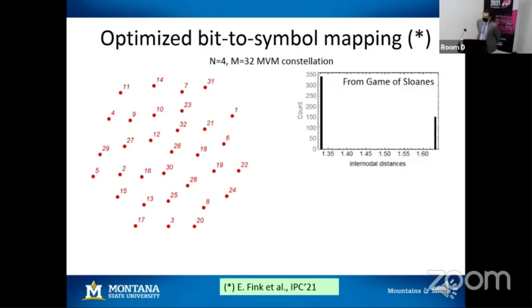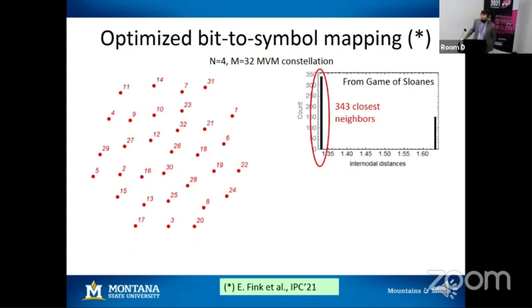Now, if you do optimization, as I explained before, you find a lattice that seems to have 2 groups of internodal distances. So there are nodes that are close together. Actually, here are in total 343 closest neighbors, and then there are nodes that are further apart.